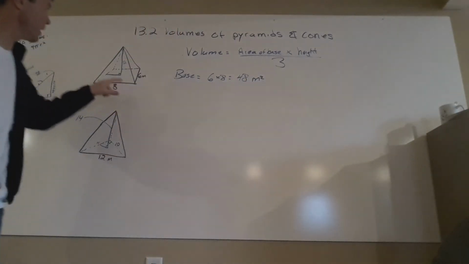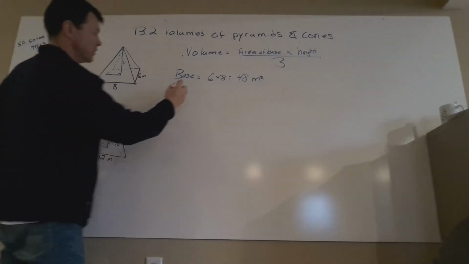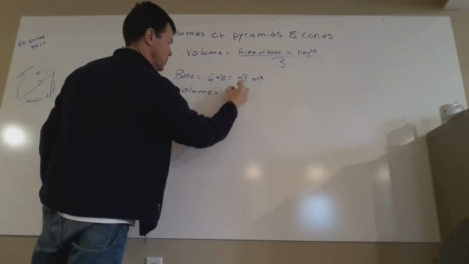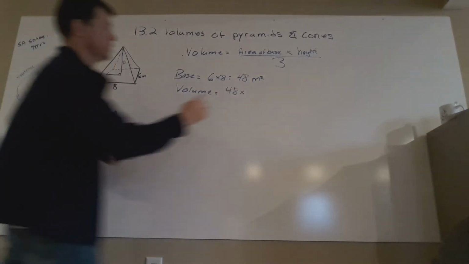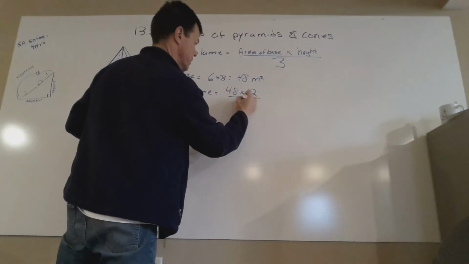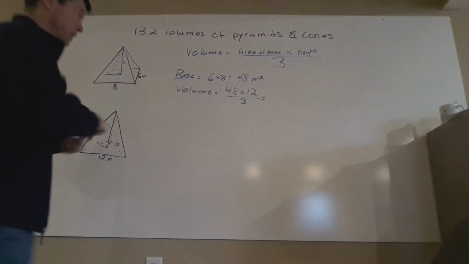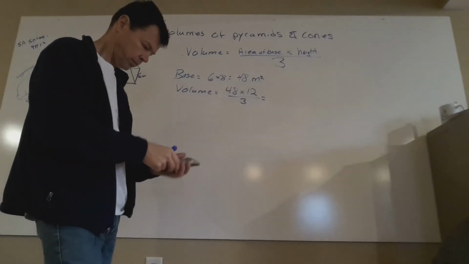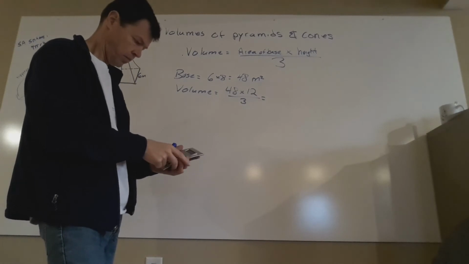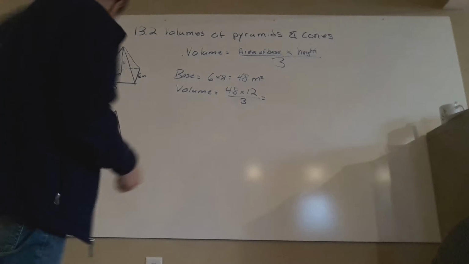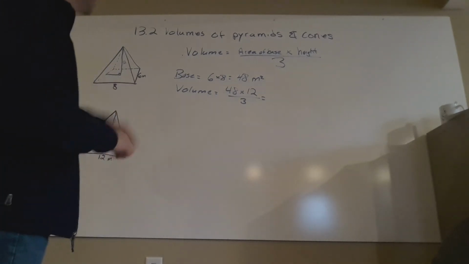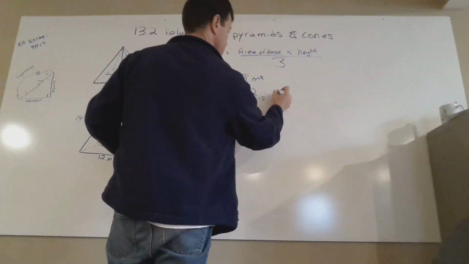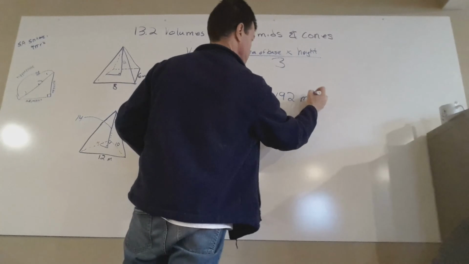And then we'll take the area of the base times the height, 12, and divide it by 3 to get your volume. 48 times 12 divided by 3 is 192. So we're looking at 192 meters cubed. Volume is in cubed units.